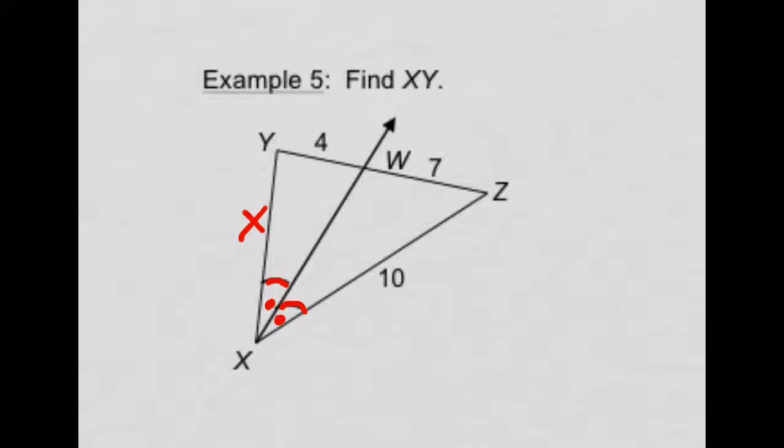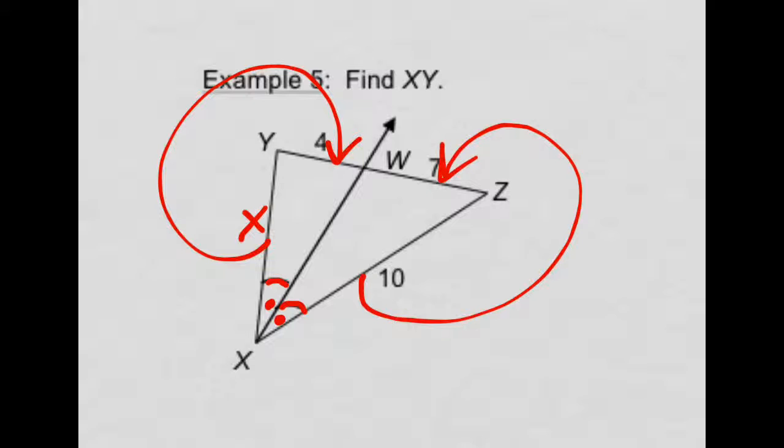Now I know that xy over yw is going to be proportional to xz over wz. Here, how about this? This will be a little better. Okay, that's a better looking ram.